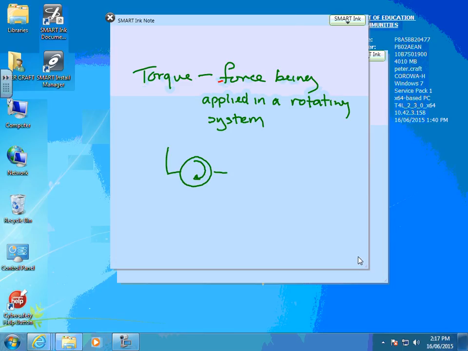When we're talking about electric motors, the reason we need to understand this concept of torque, which we'll go into next lesson, is because motors generally make things spin. The internal part of a motor is spinning, and it spins a shaft which is attached to something which makes something else happen.